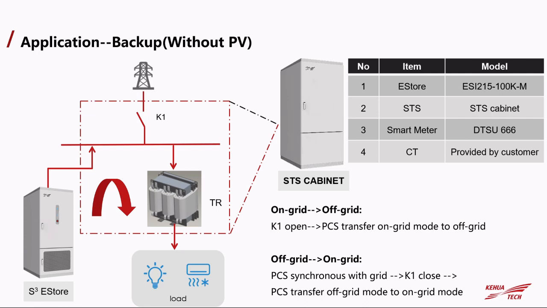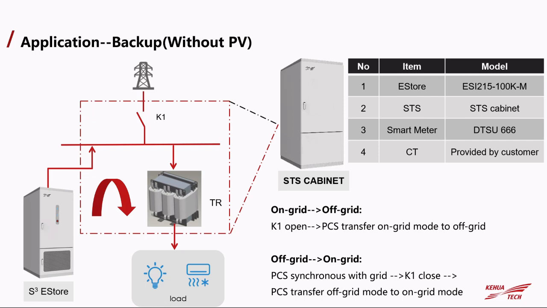So combining our energy storage system and the switching cabinet, when the grid breaks down, the energy storage system can control the switch to change the status from on-grid to off-grid, and can continue to provide power supply for the load.